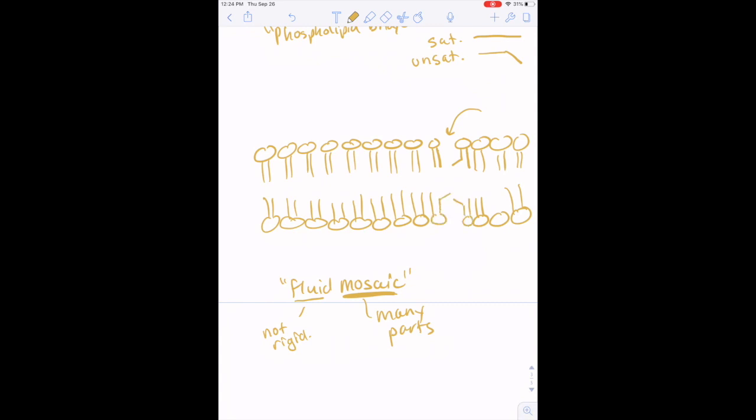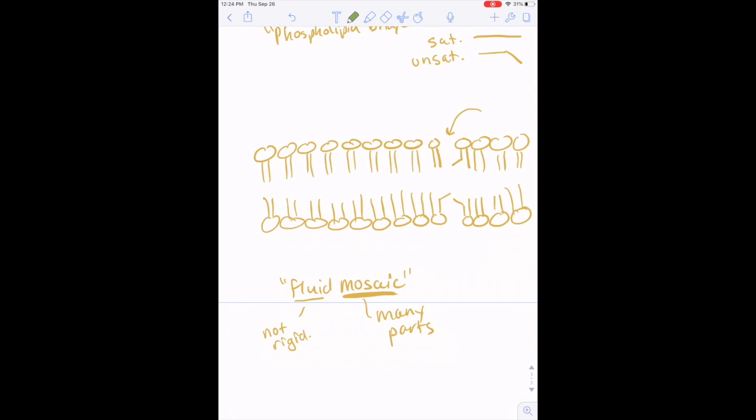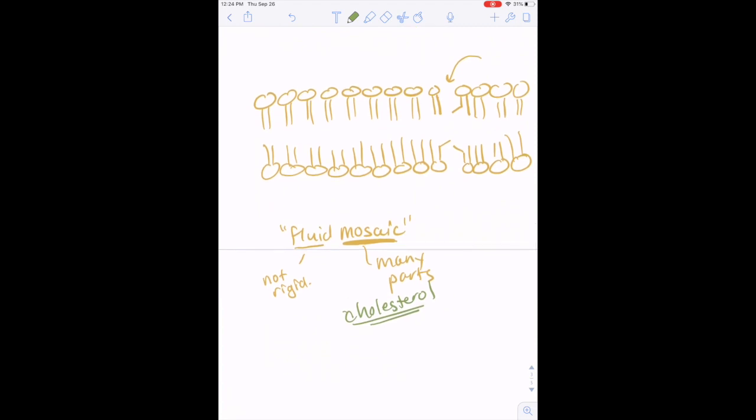And so to prevent your cell membranes from being full of holes, basically, your cell has something that will take up that space. So for that, we need another molecule. Let's go with green here. And that molecule that's going to take up this space is cholesterol. And the cholesterol molecule, oh gosh, it's this huge molecule. I'm going to draw it wrong here, but it's got 4 rings to it with nothing but carbon and hydrogen.